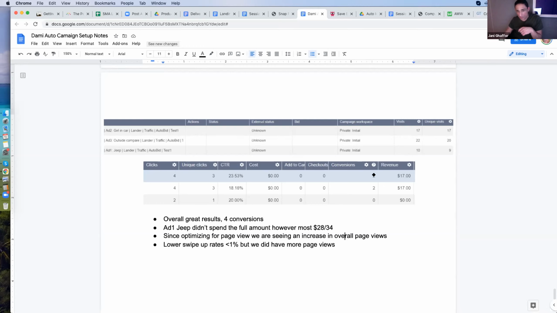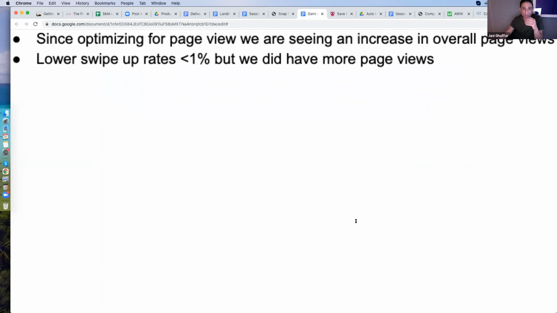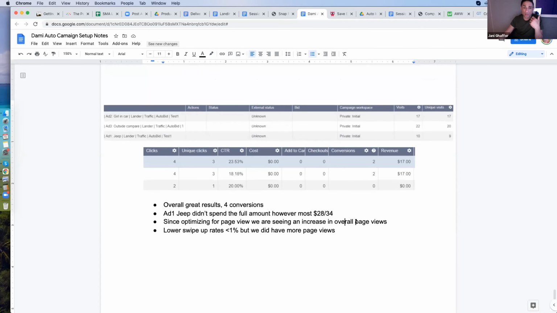So the next part is for us to continue. Along the funnel, we're also collecting add to carts. In Snapchat, the different phases that we can unlock are swipe up, page view, add to cart, sign up, purchase conversion.